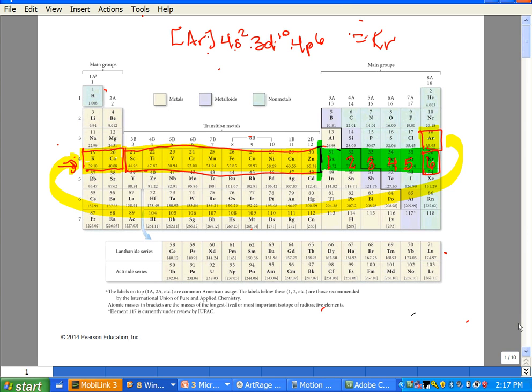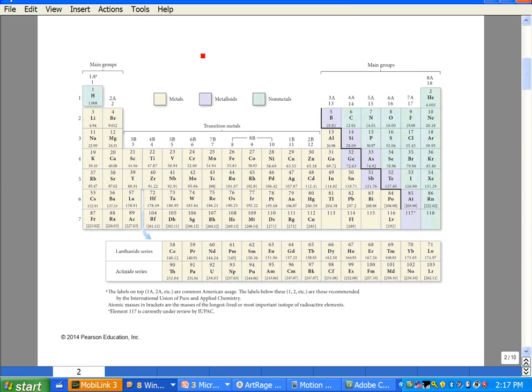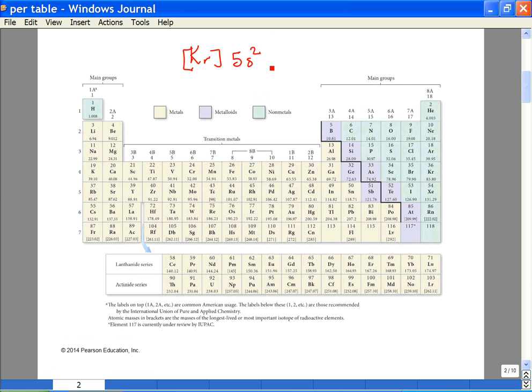Okay, let's do one more. Let's do letter C. Letter C is 4, 5s2, 4, 10, and then 5p2.